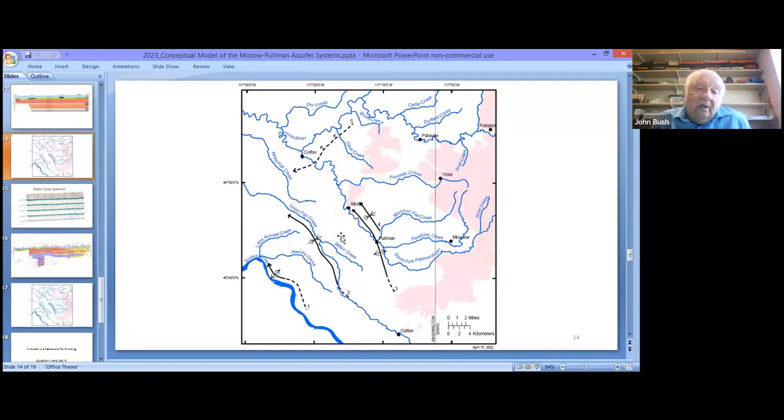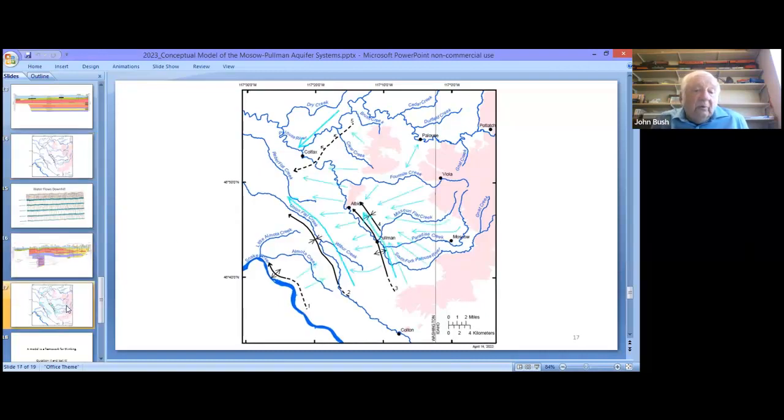So if we look at the lateral view, a map view of how the water is moving, this is for our lower aquifer system primarily. The blue arrows, we've shown these before, indicate the expected primary movement of the water in the subsurface. In some places it could be documented, like off of these slopes coming along the western end of the Pullman anticline.